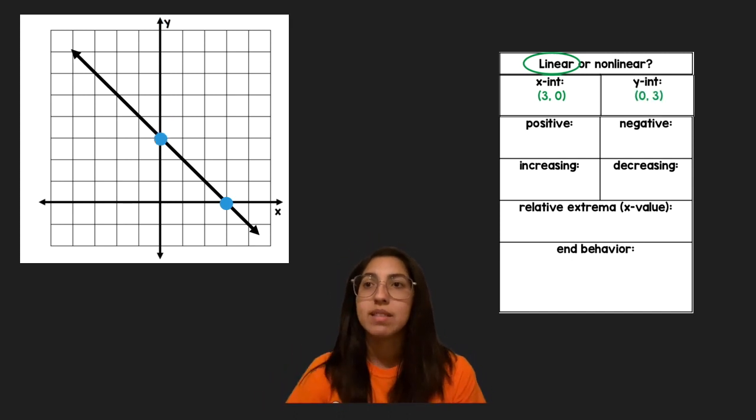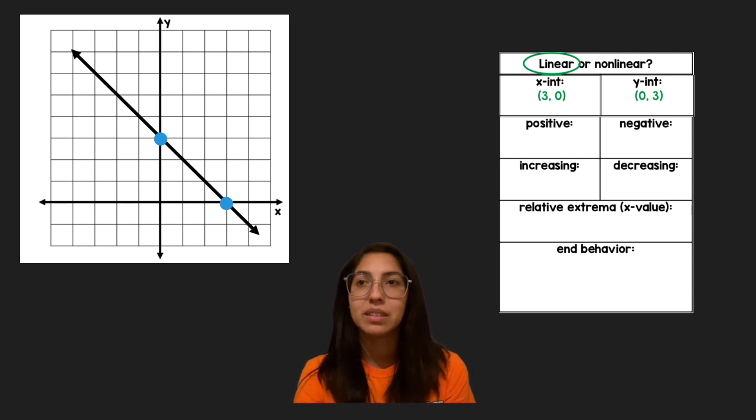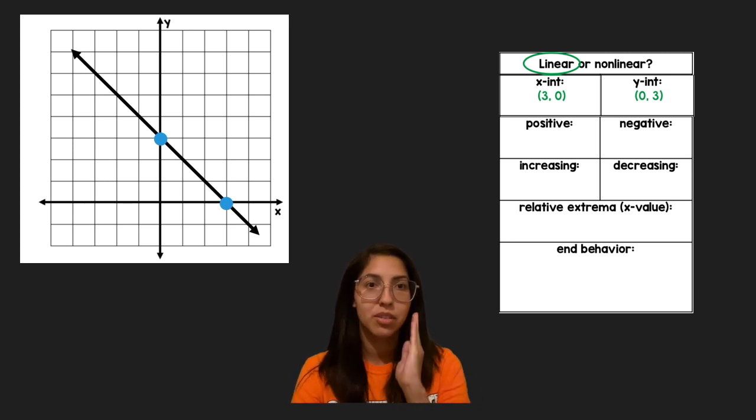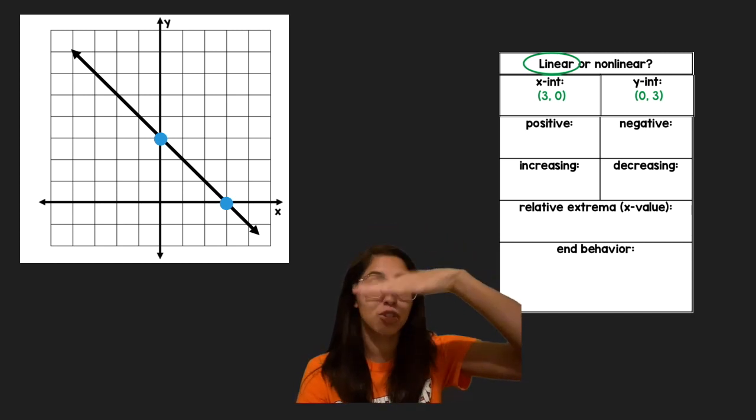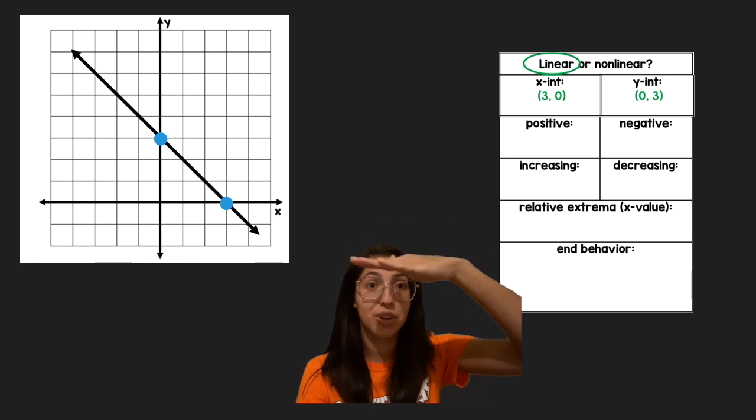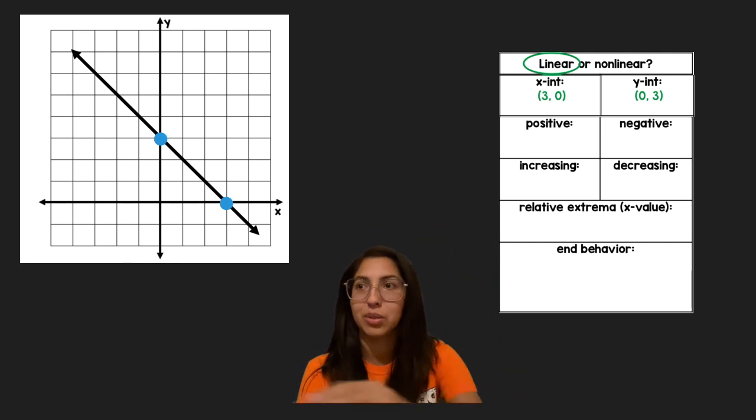So as far as is it positive or negative, this is where it gets slightly confusing, just because you might not understand what that means. So what that means is, I'm looking at my x-intercept. When is that graph above the x-axis, so positive on the y values, and when is it negative on the y values?